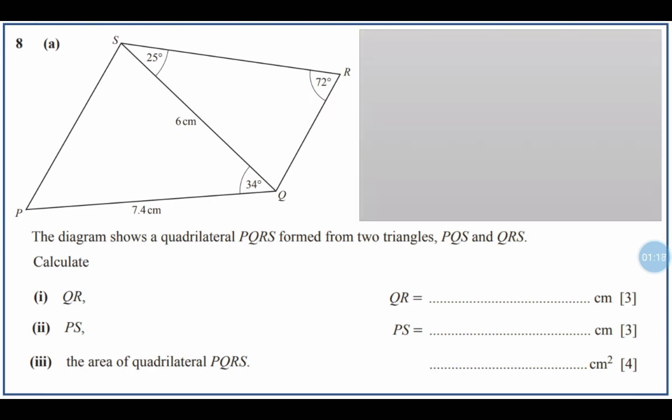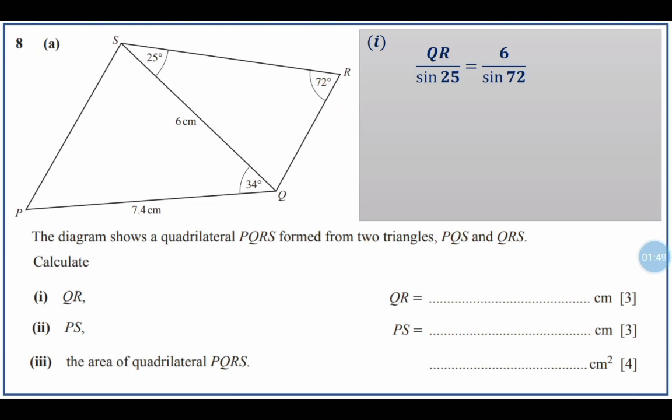We will be using the idea about the sine rule. If we are going to use the sine rule, remember the ratio of the opposite side and the sine of the angle. So QR over sine 25 equals 6, the opposite, over sine 72.